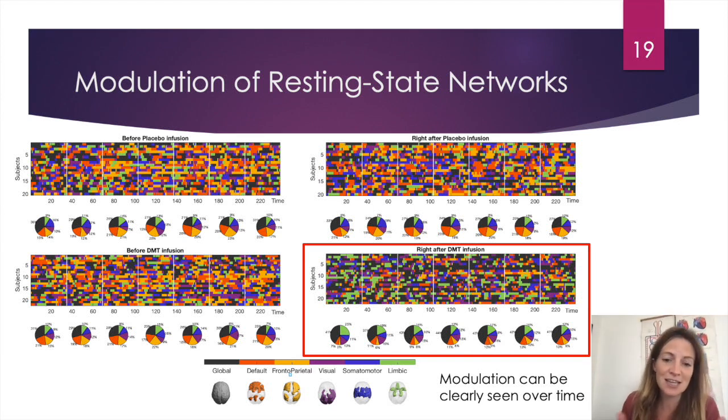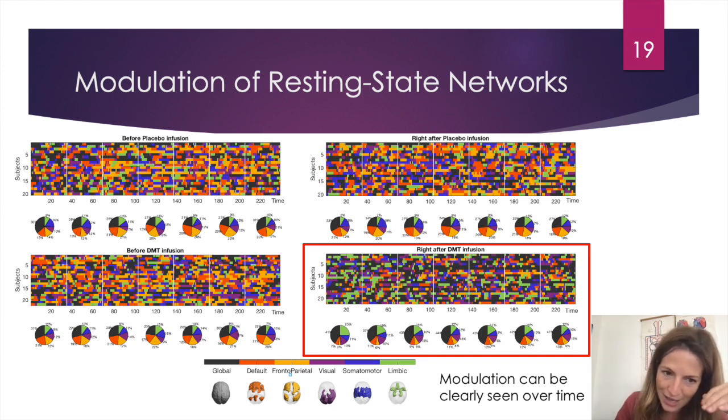And so indeed it's nice to see that it's not just a change at the block level, right, at the whole 5-minute scan, but we can really see that in the first minute the occurrence of the limbic increases up to 25% compared to around 10 in all the other sessions, and slowly decreases also over time.